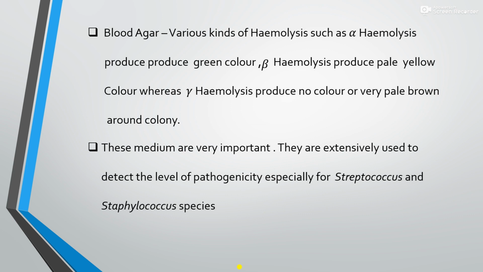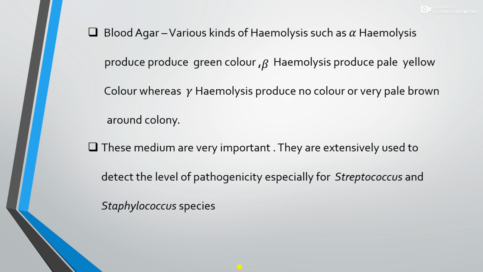The second differential media is the blood agar plate, and these are very important because they are extensively used to check the pathogenicity of bacteria. You can check the pathogenicity by studying their hemolytic behavior. Generally, the more pathogenic bacteria are beta hemolytic, meaning they produce a pale yellow zone around the colonies, whereas gamma hemolysis produces no color around the colonies.